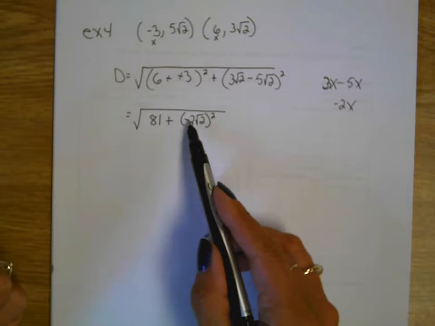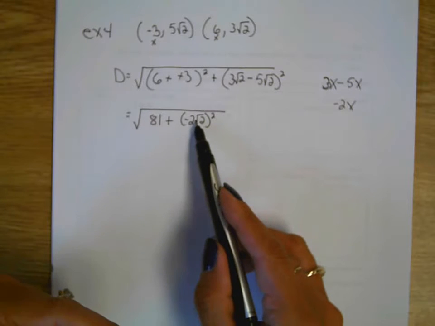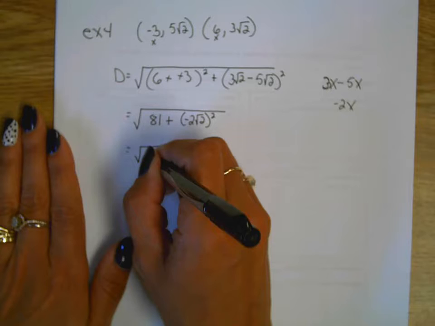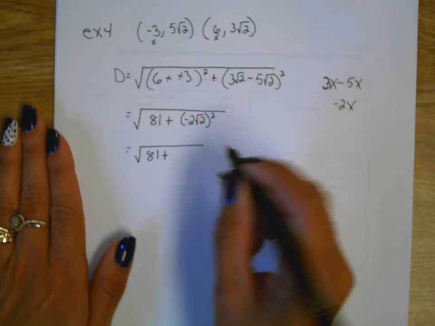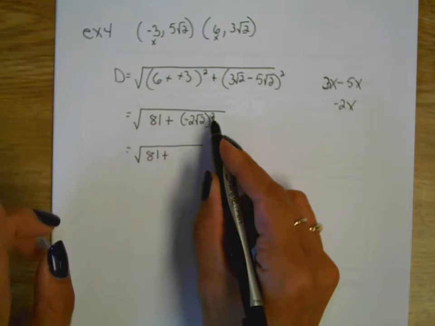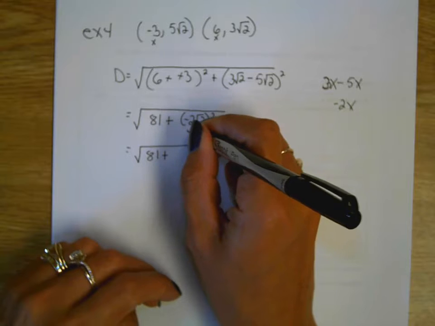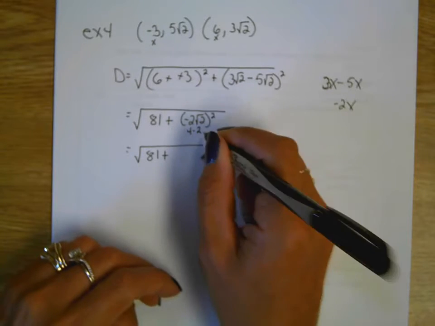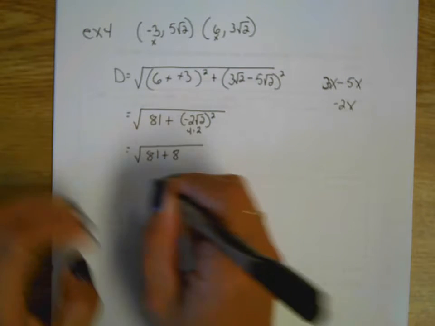So remember before, like I said, you're going to square both numbers and then multiply them together. So what is -2 squared? -2 times -2, 4. Square root of 2 squared? 2. That makes 8.